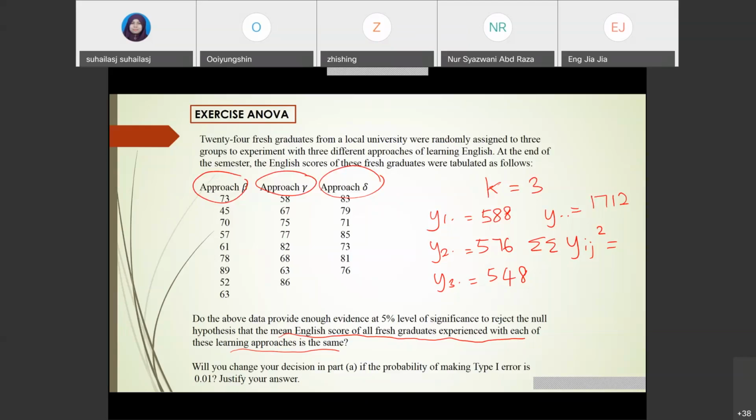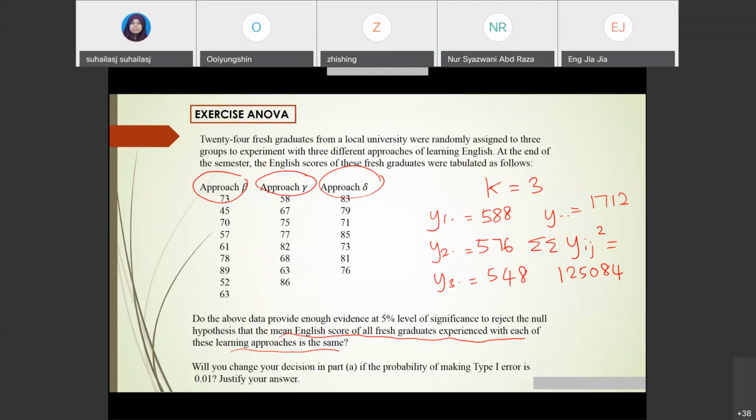Has anyone got it, other than calculating manually? Double summation Yij square. Okay, 125084. Did you use mode SD or calculate manually? Good. So you will get 125084.